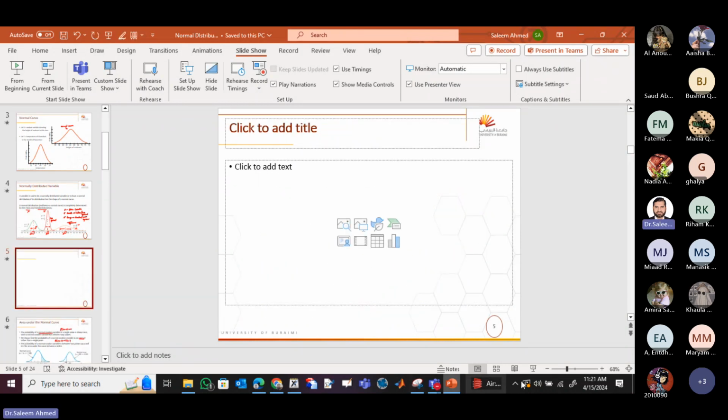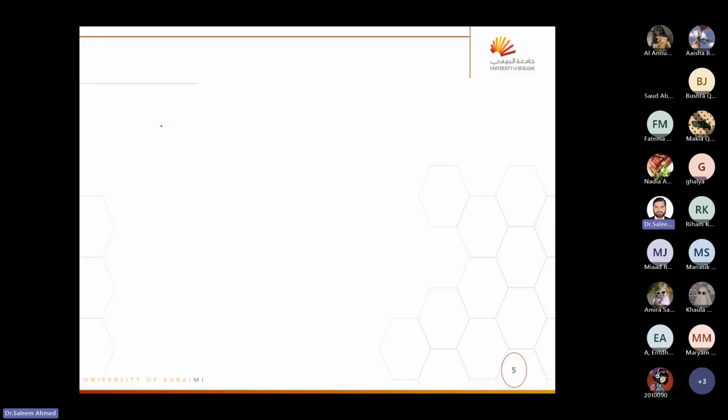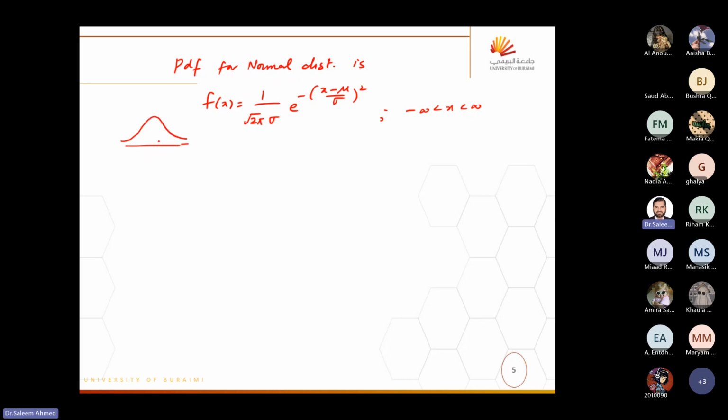The PDF of a normal random variable is given by 1 over the square root of 2 pi sigma, e to the power minus x minus mu over sigma, whole squared, for all x from minus infinity to infinity. If you draw the graph of this, you will see that it's exactly this shape, where mu is here and so on.